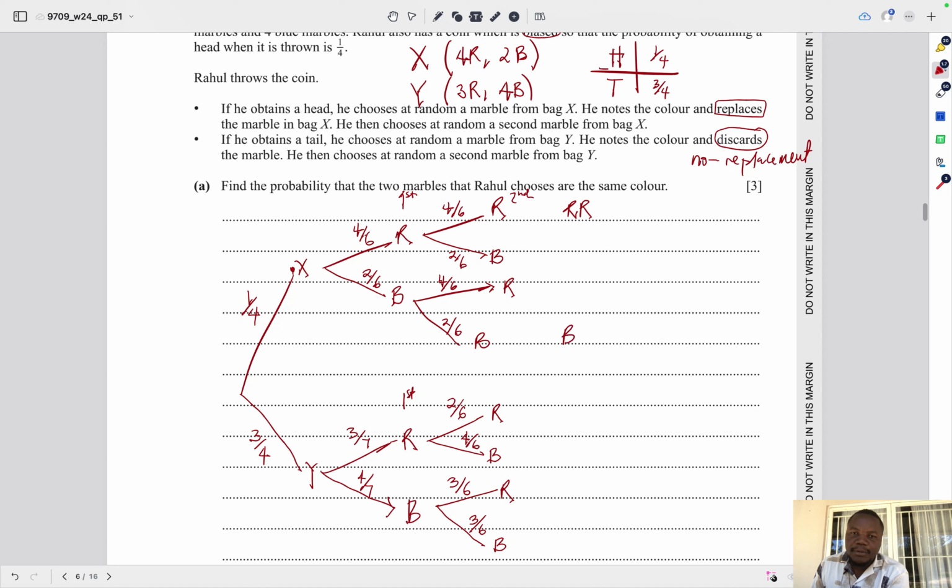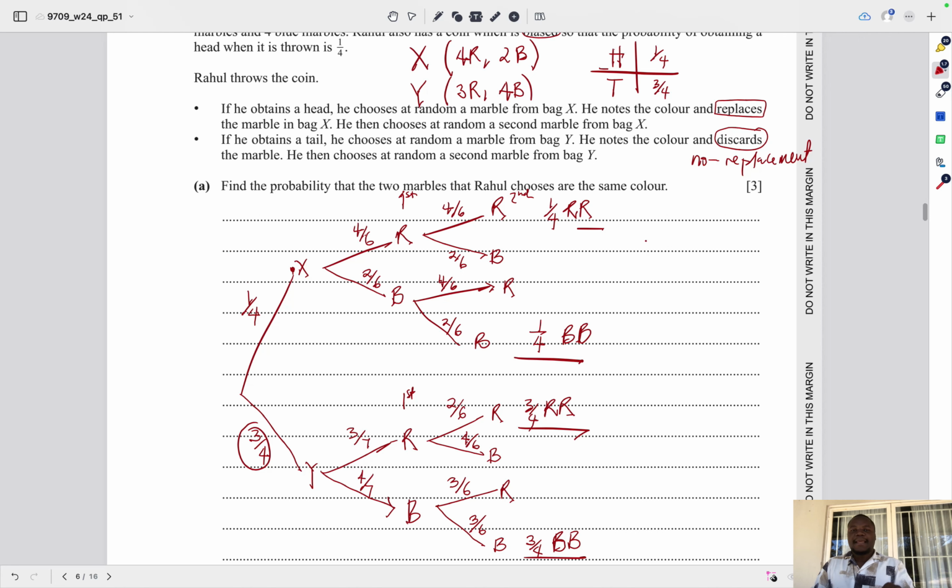Remember, all these go with the probability of 1/4 since they are coming from bag X. Okay, and then here we've got red, which goes with 3/4 chance, this guy here. And then we've got a blue here, which goes with again 3/4 of choosing bag Y. And then we've got blue. So the answer to this is when we add these probabilities here, that would give us the answer to the first part A.